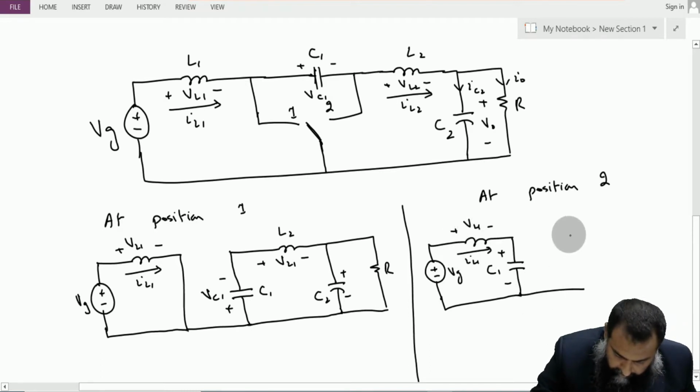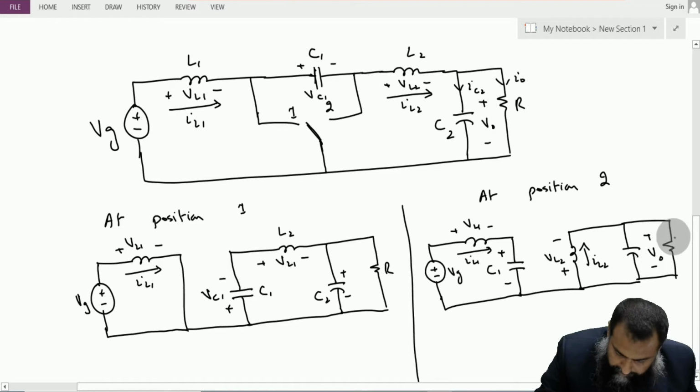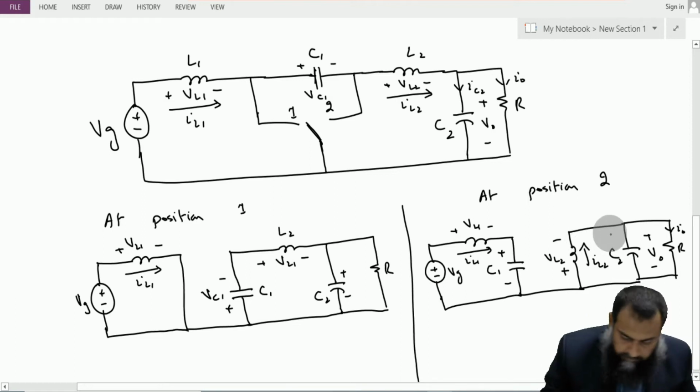Here we have the IL2, this is VL2, this is the V0, this is I0, R, C2. So that's it.